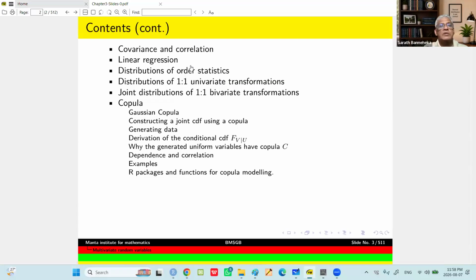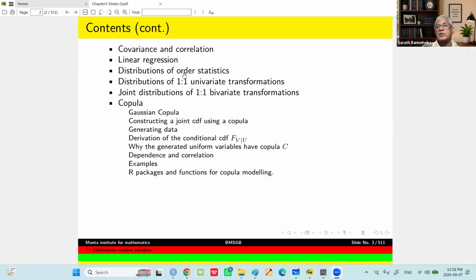We also discussed covariance and correlation, and linear regression. This is linear regression for the population. When you have a joint distribution between x and y, we can talk about the least squares regression line for y on x. And then we discussed the distributions of order statistics.